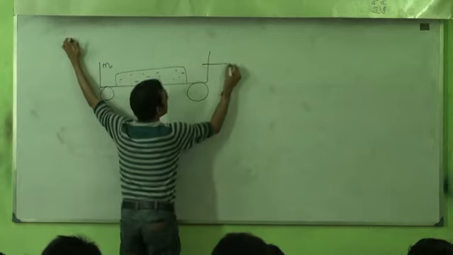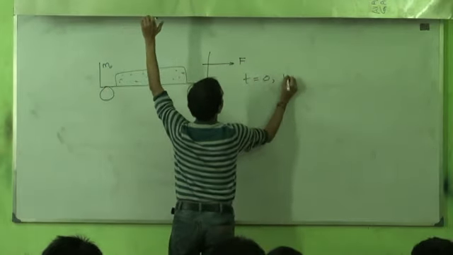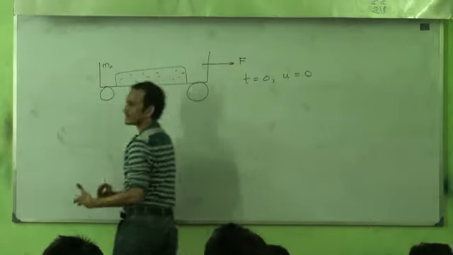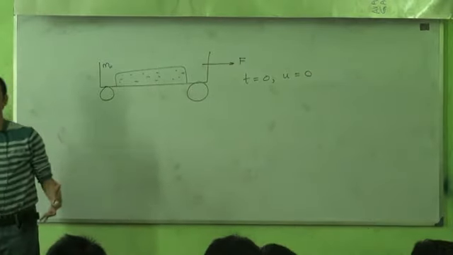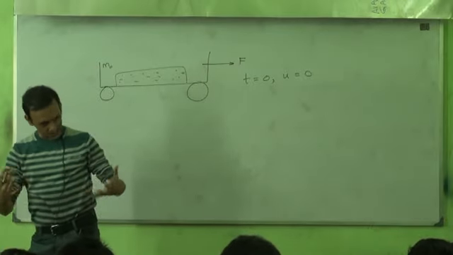There was an external force F acting at time t equal to 0. Let's say the trolley was at rest. M naught was the total mass of the trolley, the dead mass plus its contents, the sand.